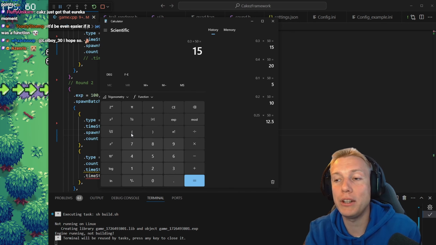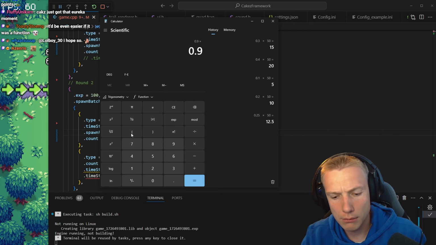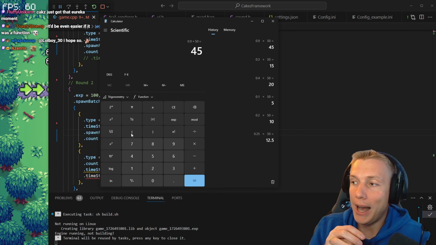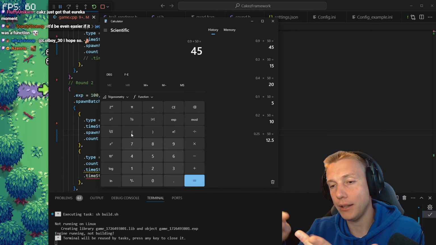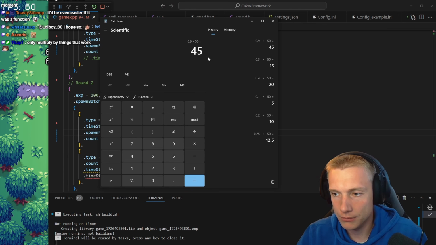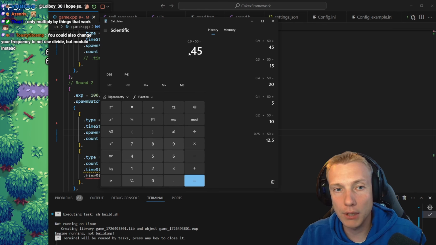Okay, so I can go in 10er increments. Does 0.9 work? So I can do 0.1, 2, 3, 4, 5, 6, 7, 8, 9, 10. I can go in 0.1 increments. Only multiply things that result in a full frequency, essentially.